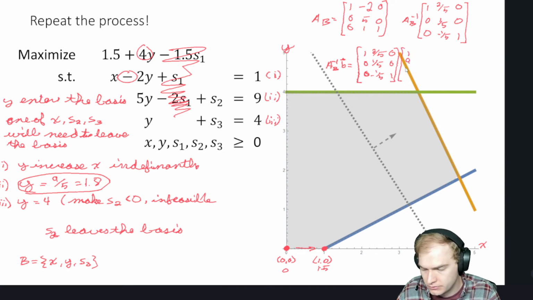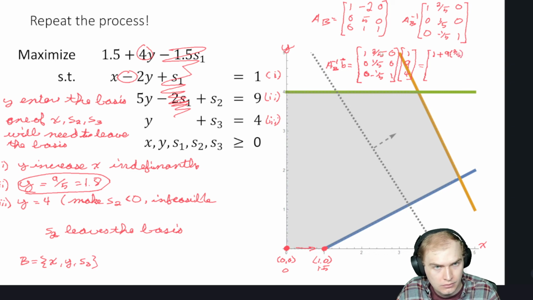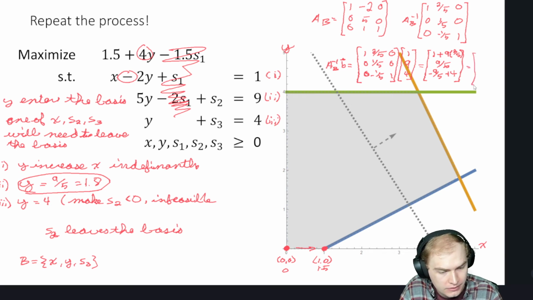Times 1, 9, 4, which is 1 plus 9 times 2/5, and then 9/5, and negative 9/5 plus 4, which I happen to have is 23 fifths, 9 fifths, and 11 fifths.